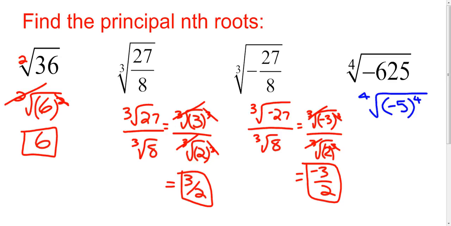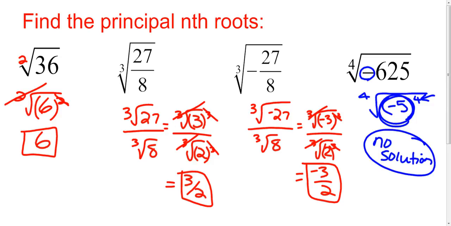And the problem is this: negative 5 to the fourth power, negative times a negative times a negative times a negative, will be positive 625. There is no number that I can put in here, take it to the fourth power, and generate a negative right there. So this one actually has no solution. Okay, it can't be simplified. It's not even legal, and you can't do that.